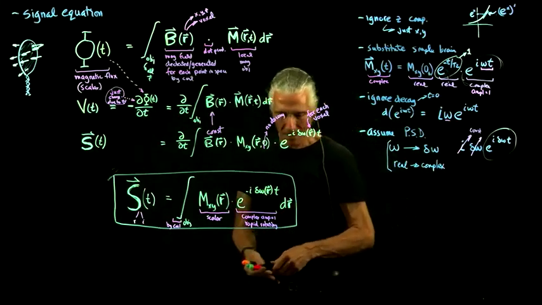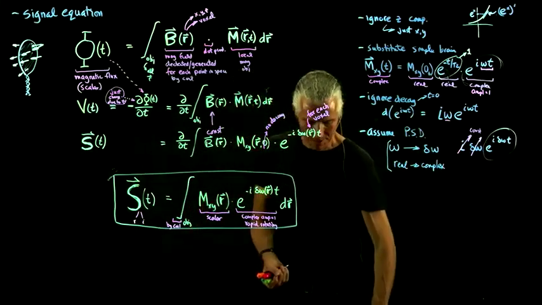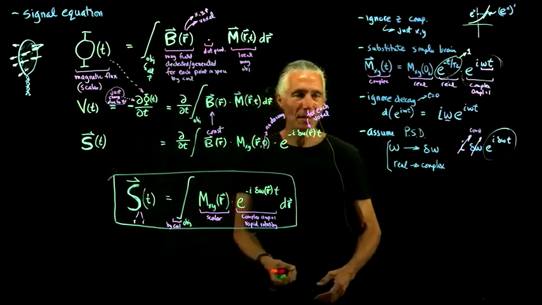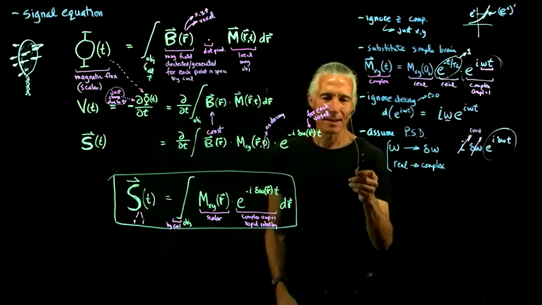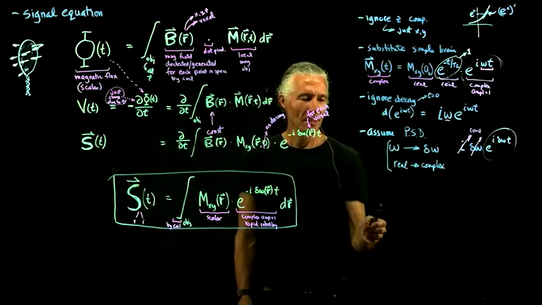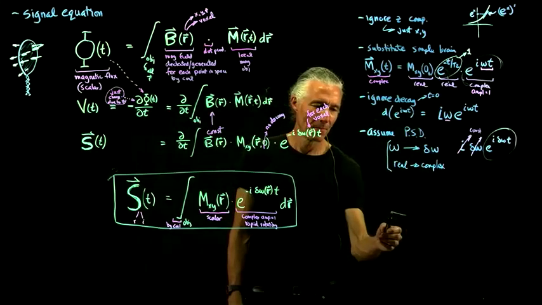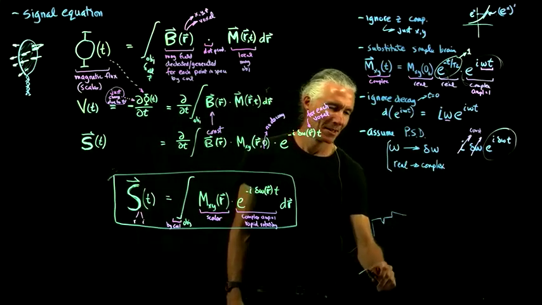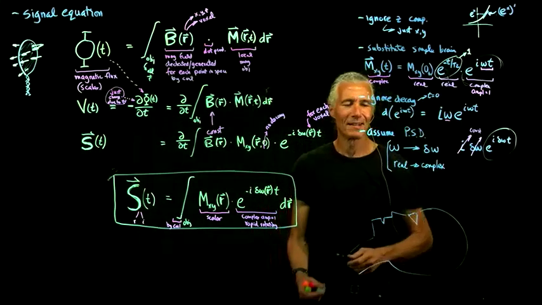So what does this actually mean? Let's just think about the brain. So here's, let's put a brain here. Here's a Homer Simpson brain. Somebody's in there, they're being scanned.